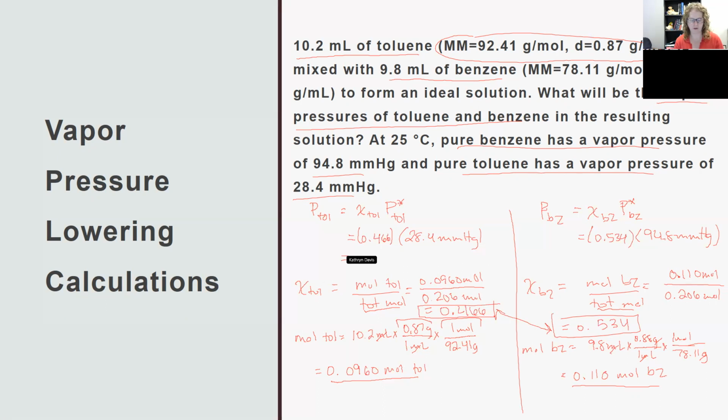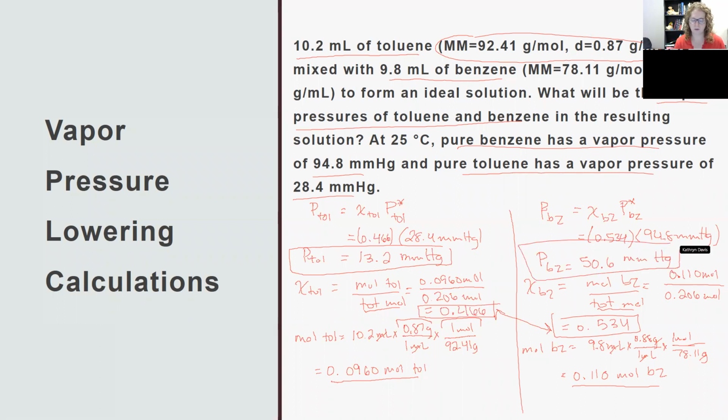So 0.466 times 28.4: the vapor pressure of the toluene in this particular solution is 13.2 millimeters of mercury. That's lower than the pure, so that's good. Over on the benzene side, 0.534 mole fraction times 94.8 says that the pressure of the benzene is 50.6 millimeters of mercury.